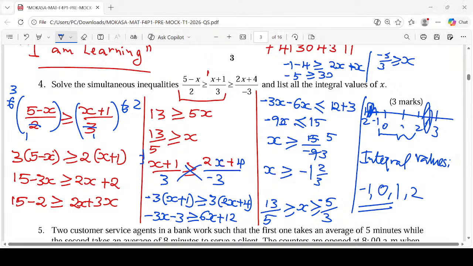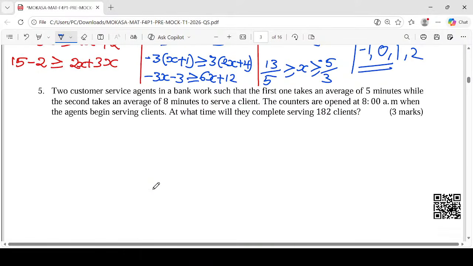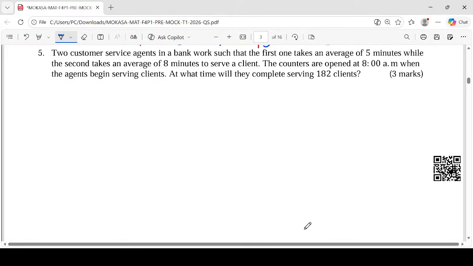Let's now switch to question number 5. Two customer service agents in a bank work such that the first one takes an average of 5 minutes while the second one takes an average of 8 minutes to serve a client.